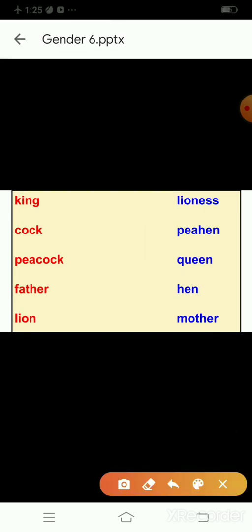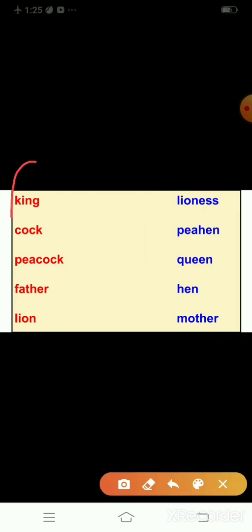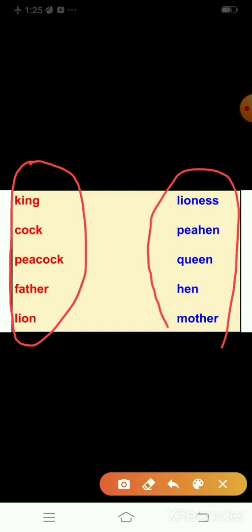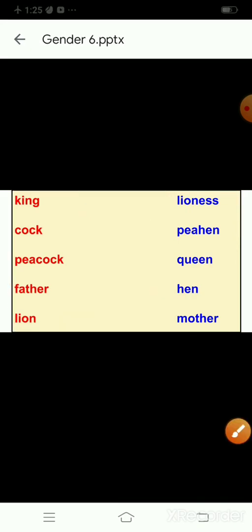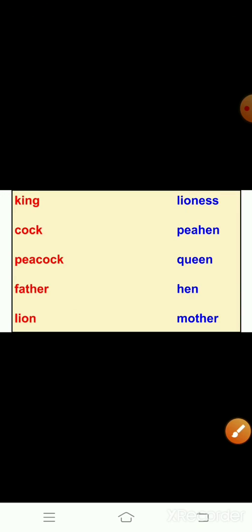Here the words in red are the masculine gender, and the words that are in blue are the feminine gender. So what you have to do is join the masculine gender to the correct feminine gender.